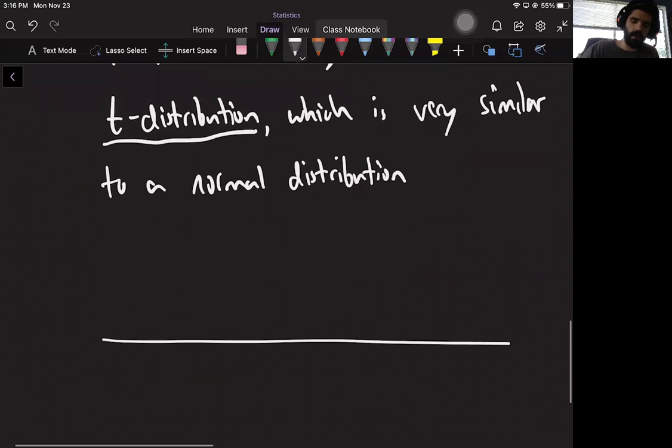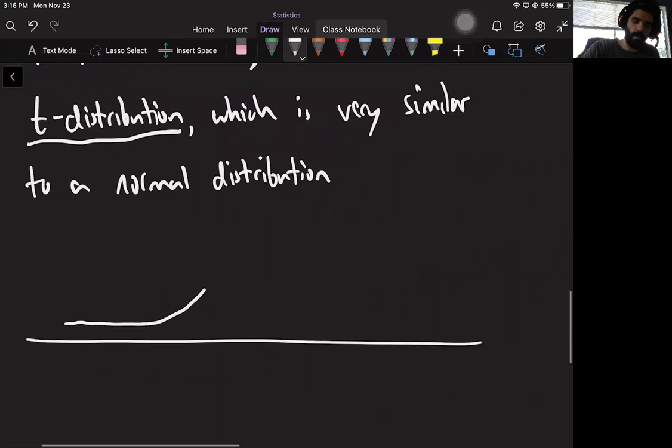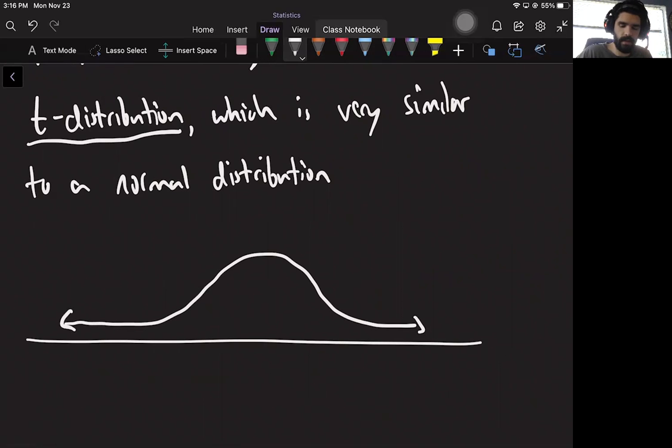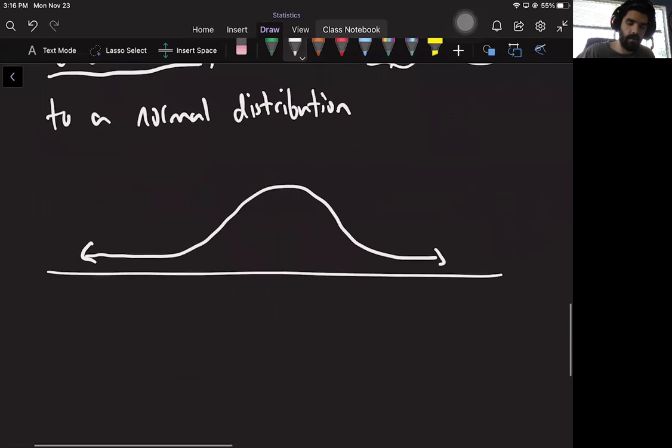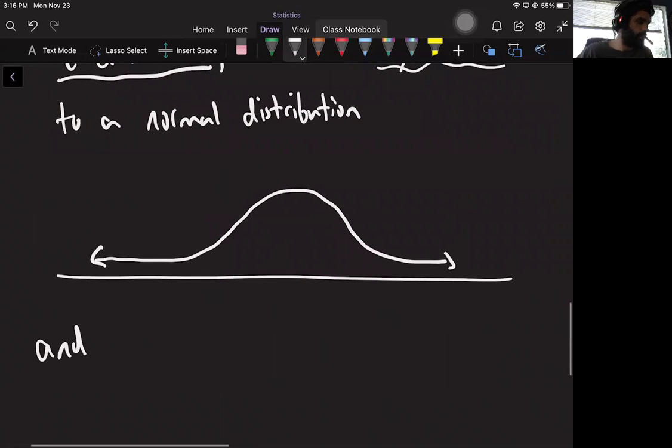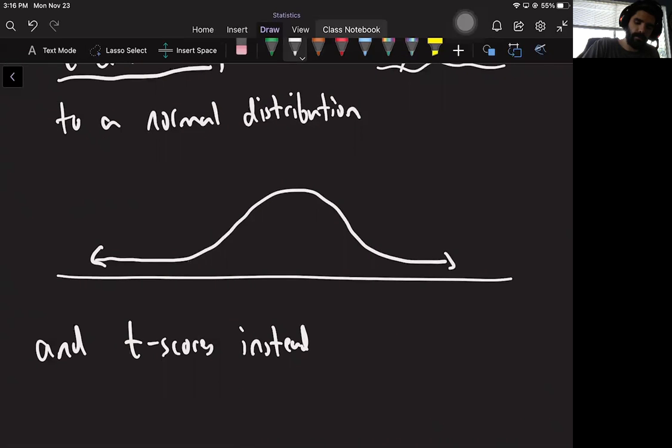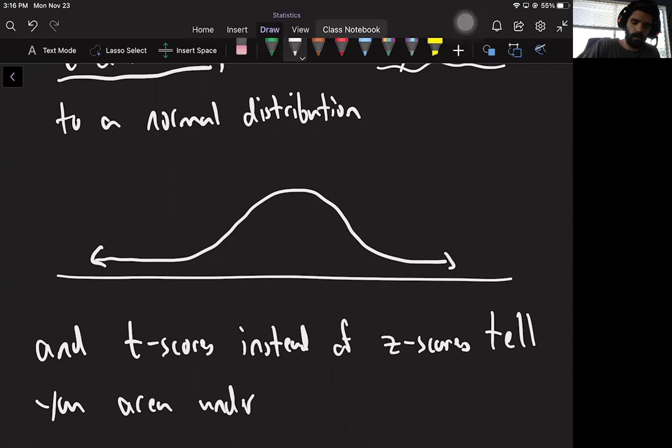So I'll draw a t-distribution, and it'll look just like a normal distribution. That's because they are very similar. But what's different is that t-scores instead of z-scores tell you the area, which we would then think of as probability.